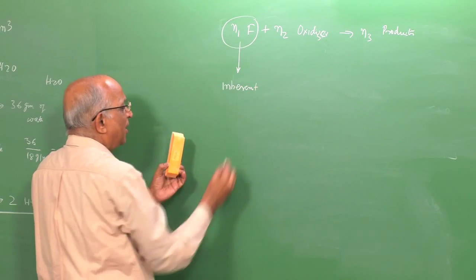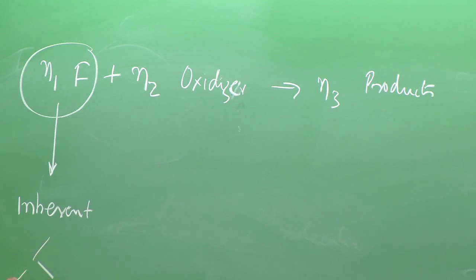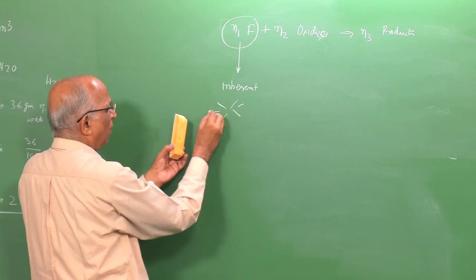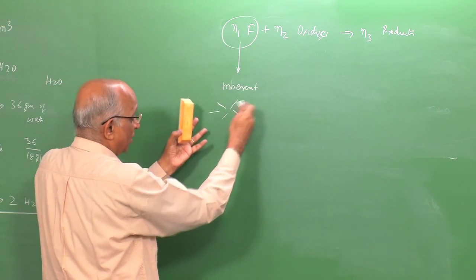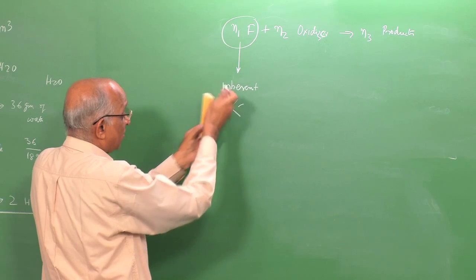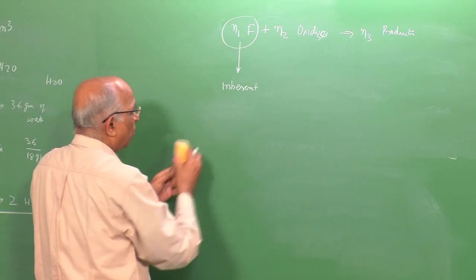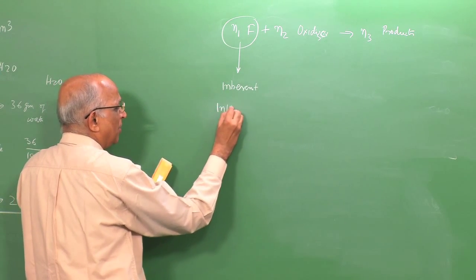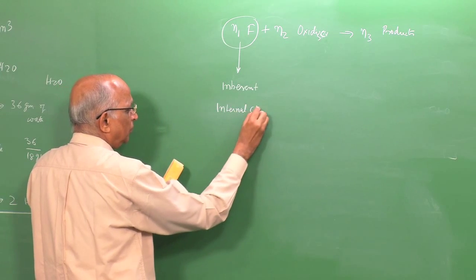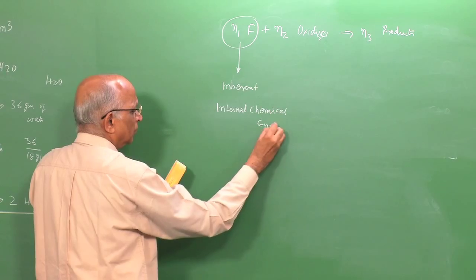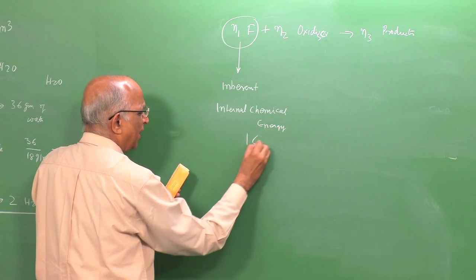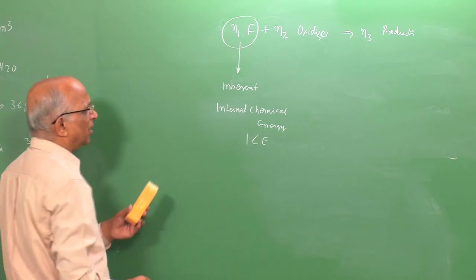Where does this inherent energy come from? It has all these bonds of carbon, hydrogen, oxygen, or whatever it is, and this structure has some energy which we could call internal chemical energy. Let us call it ICE, internal chemical energy.